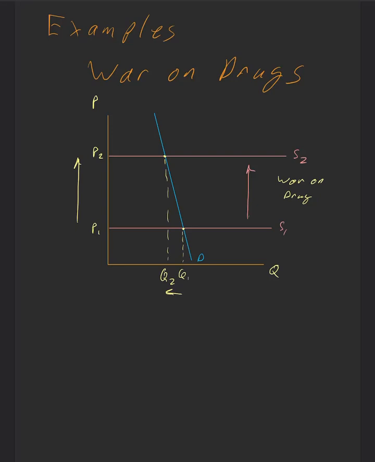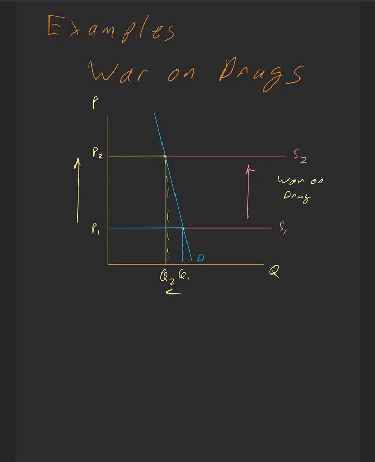Again, let's take a look at the revenues that are going to be involved here. Initially, we had this blue line, where you have very low price and a somewhat higher quantity. And yes, the war on drug works in some senses because it reduces the amount of quantity that's on the market, but it does so by dramatically raising the price.